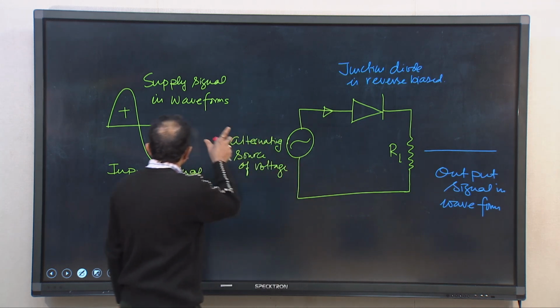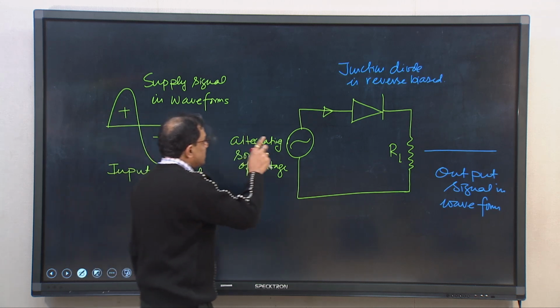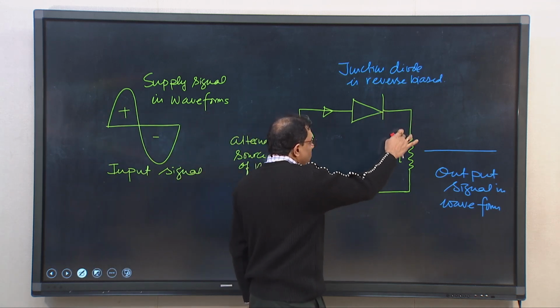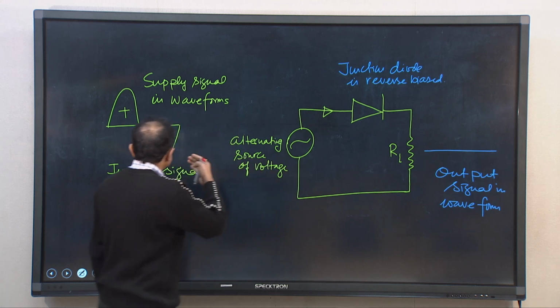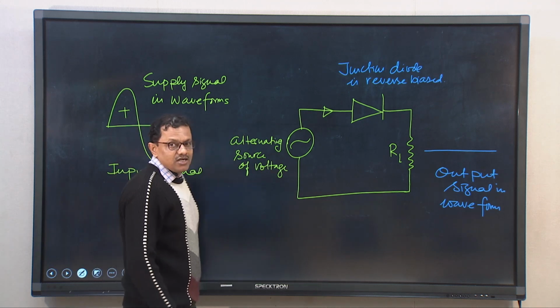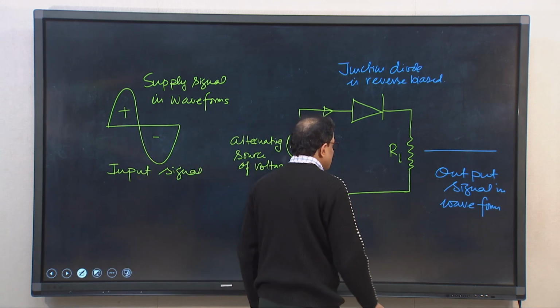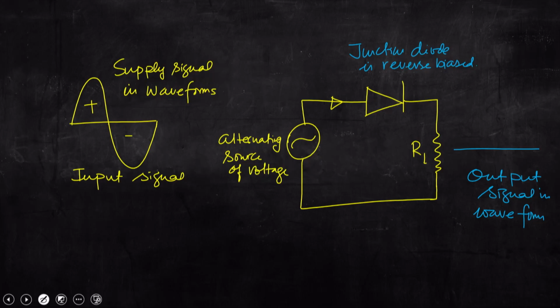When the input signal is positive, only then will it allow current to flow, and when the input signal is in the negative half, no current will flow. So, if we try to draw the output signal, we will get something like this. We will be getting only positive. Try to understand, even if we have an alternating source of voltage, using this circuit, that is a rectifier, we can have an output with only positive components.